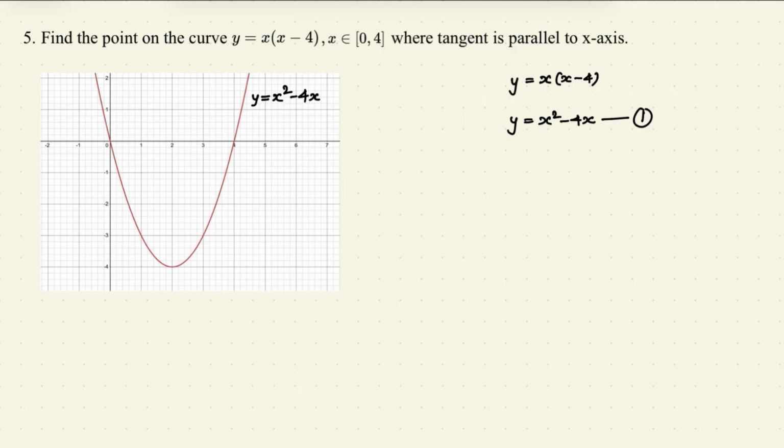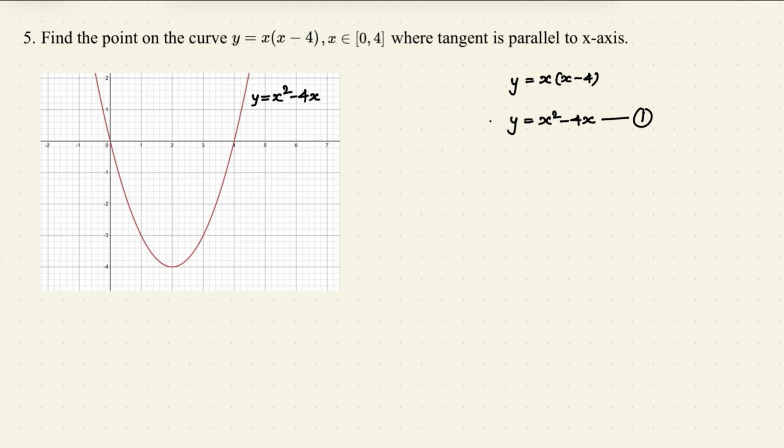Now we have to find a point between 0 to 4 at which if I draw a tangent, that tangent will be parallel to the x-axis. So obviously it is clear from the graph that the point lies somewhere here, because if I draw a tangent at this point, then that tangent will be parallel to the x-axis. So we have to find the coordinate of this point.